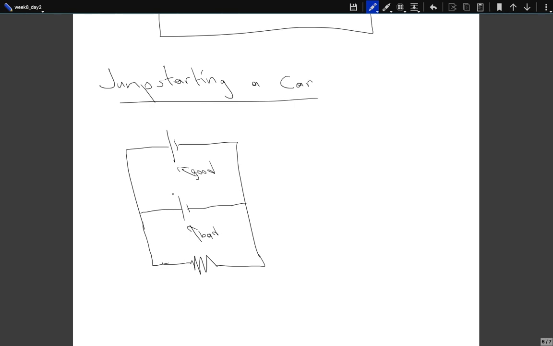So let's call this V0, this is V1. Ideally, you would expect your car battery to be 12 volts, but it goes down to 10 volts or something like that. So V0 is lower than the nominal, which is something around V1.